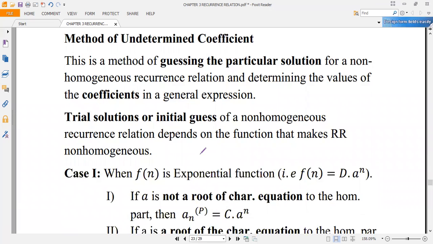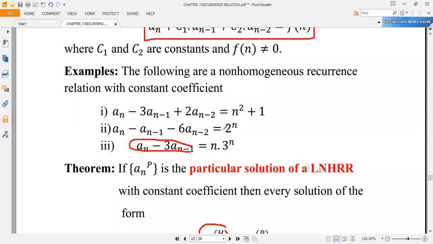So the trial solution, or the initial guess, to find the solution of the non-homogeneous recurrence relation depends on the function that makes the recurrence relation non-homogeneous. For instance, in the examples here, the function that makes the recurrence relation non-homogeneous is a polynomial function.